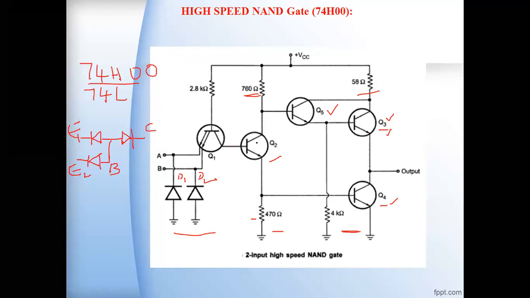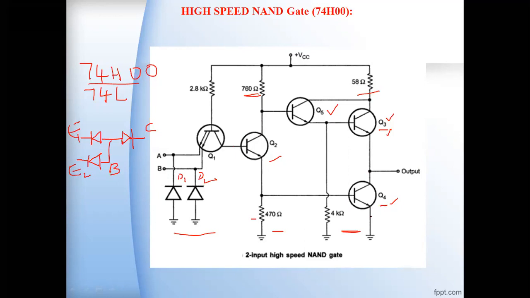Depending on the state of the transistor Q2, either the pull-up network or the pull-down network will be activated. Here Q5 and Q3 are a pull-up network. It pulls the output to the logic high state. Whereas the transistor Q4 acts as a pull-down network. It pulls down the output to the logic 0 value here.